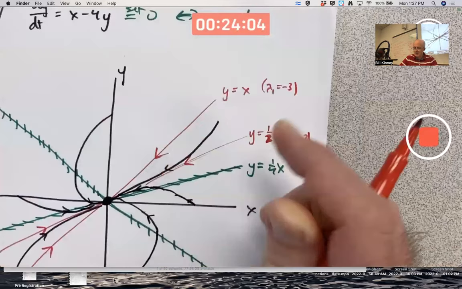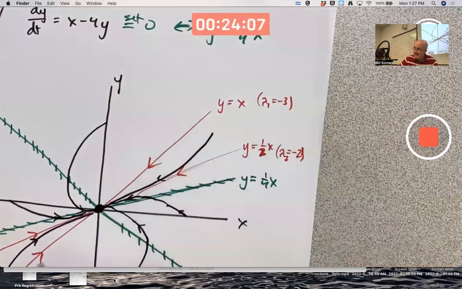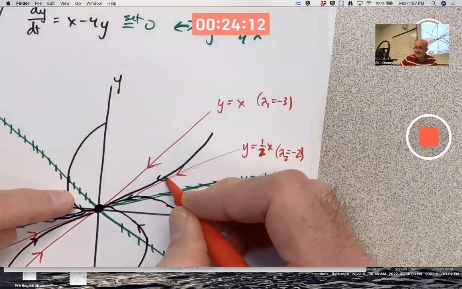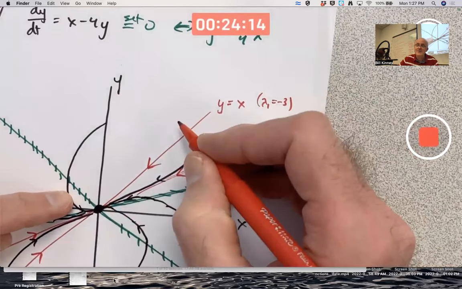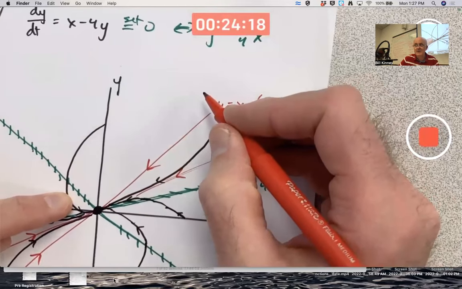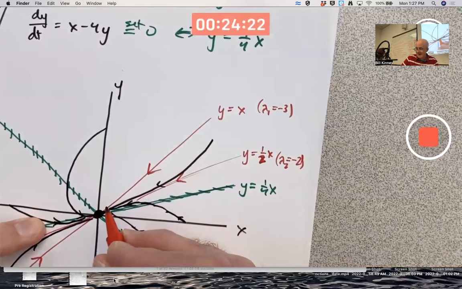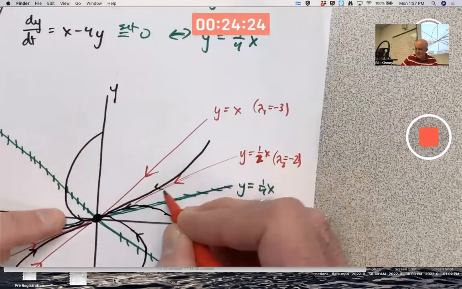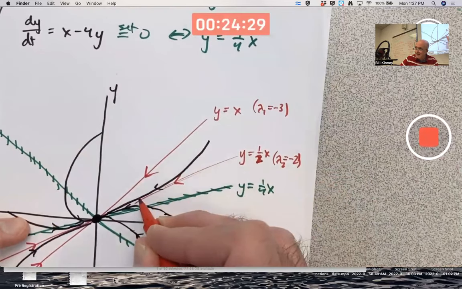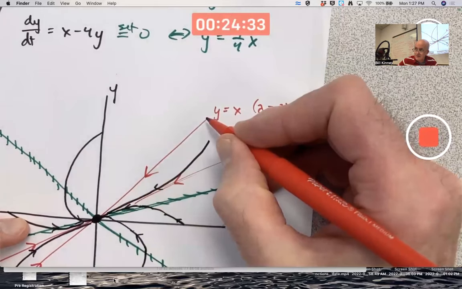So intuitively, in this direction, corresponding to this line, the component of solutions in that new skewed axis direction has to go to 0 faster than in this direction. And if you think about it, that means the solution's got to be tangent to this one, because when you're tangent to this one, their components relative to this skewed axis are a lot closer to 0.